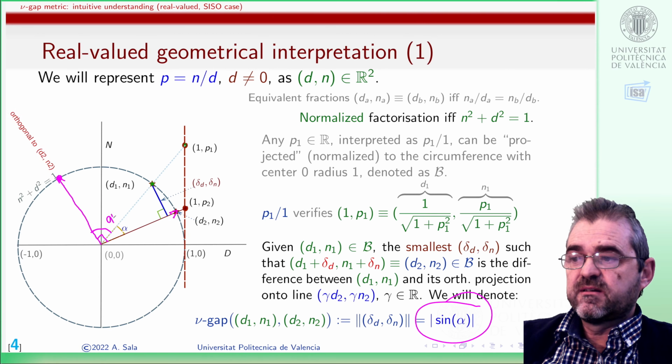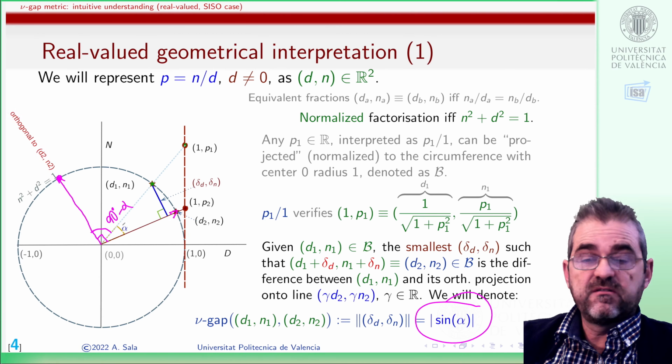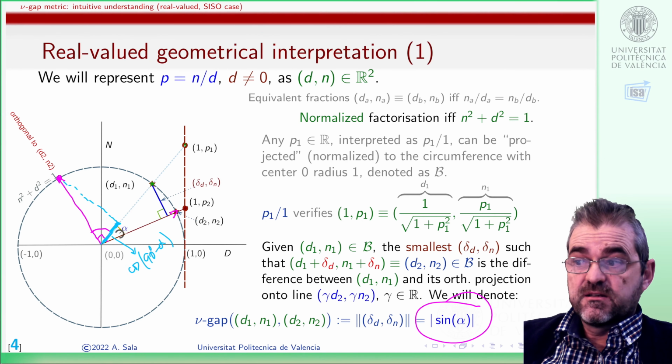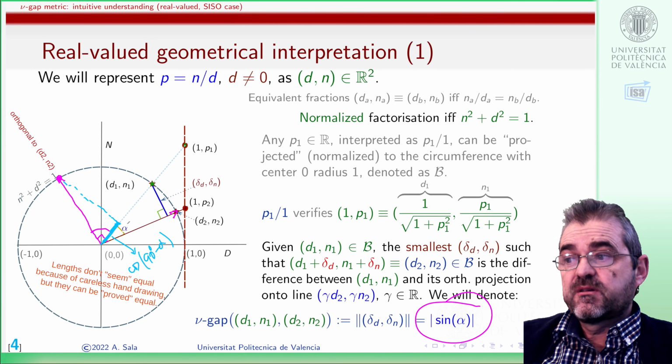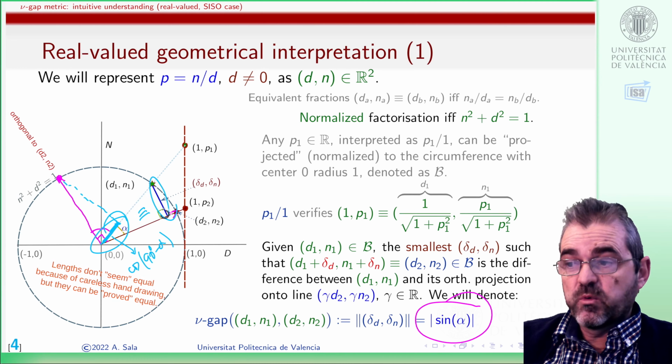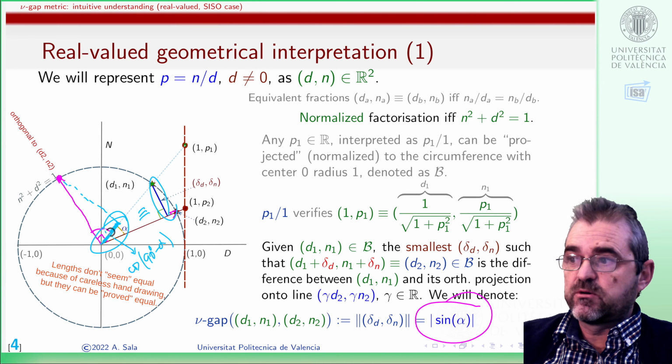So this thing will be 90 degrees minus alpha, and hence the length of this cyan line must be equal to the length of the dark blue one, if correctly drawn, okay?